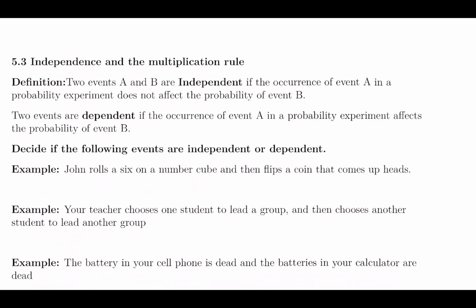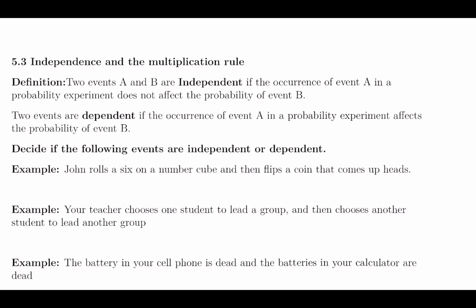One thing I want you to notice is that in this section we're going to do a slight difference. In the last section, we were always randomly selecting one object or one person.